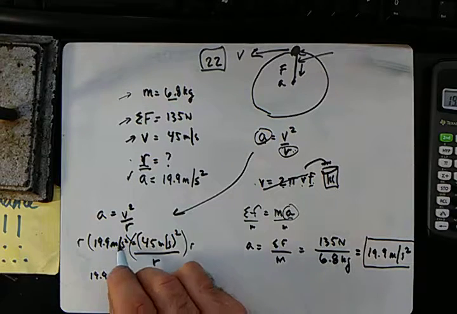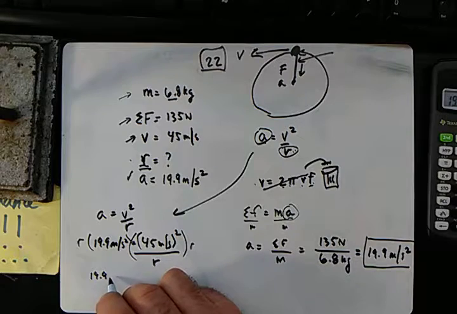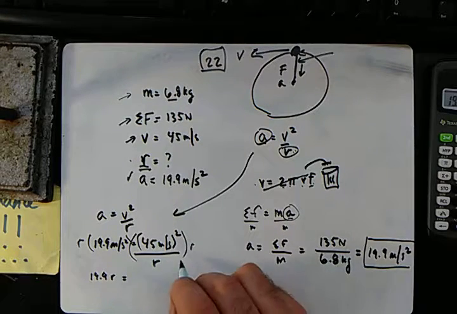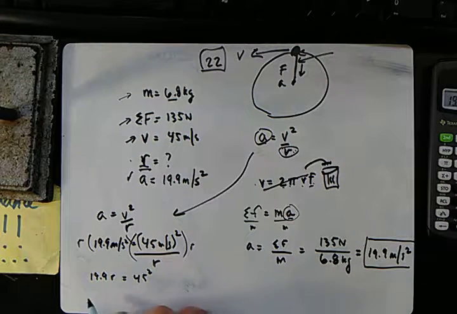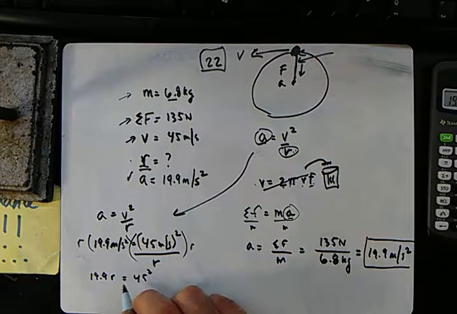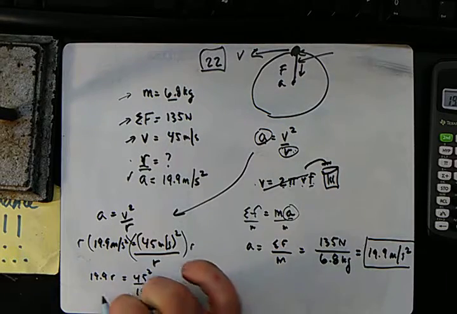And I end up with 19.9 R equals 45 squared. I'll leave the units out for sake of space. In dividing through, R is going to be 45 squared over 19.9.